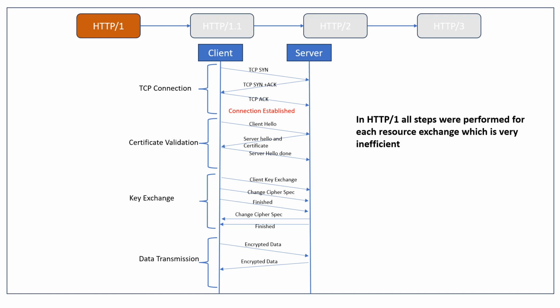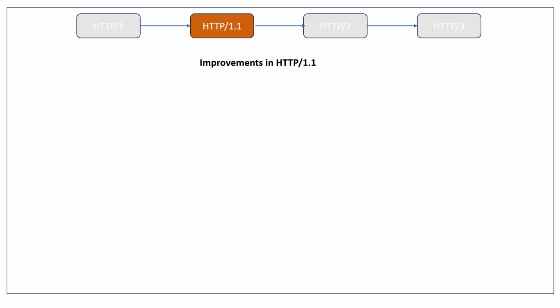So that adds latency or delays in the response to the client, right? That is not a good experience for the client either. So to overcome this issue, we had some improvement in the next version of HTTP, that is the 1.1 version.